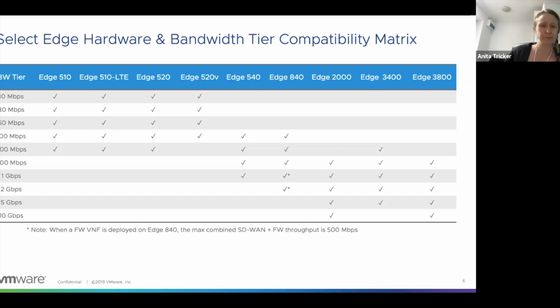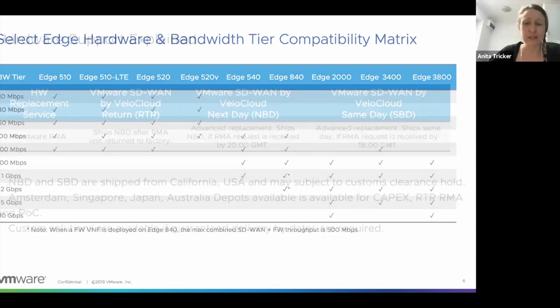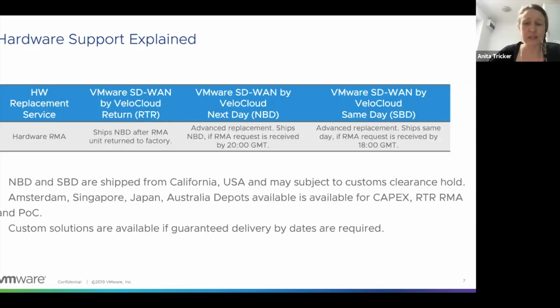So next, we're going to have a look at the hardware support. So as I said earlier, we have 3 versions of support for the hardware. We have our RTR service, our next business day, and our same business day. With the RTR service, what this service will give you is that upon determining that there is a hardware failure, so obviously the customer opens a support ticket, and that ticket progresses, as it usually does, through to level 4.